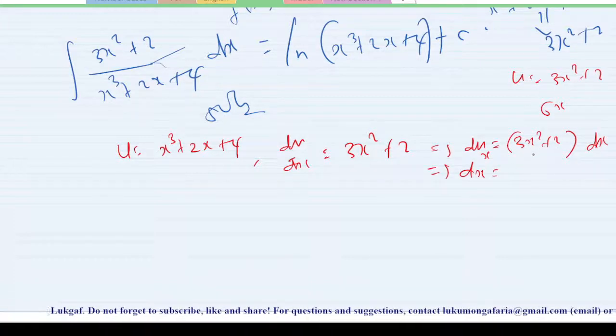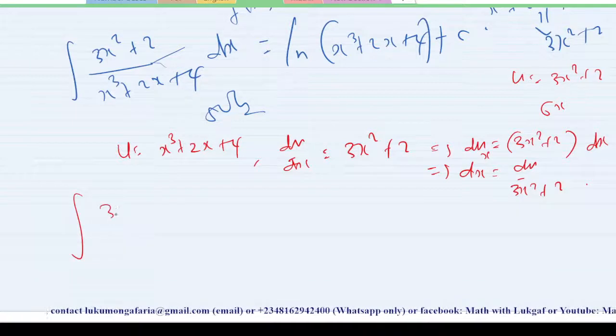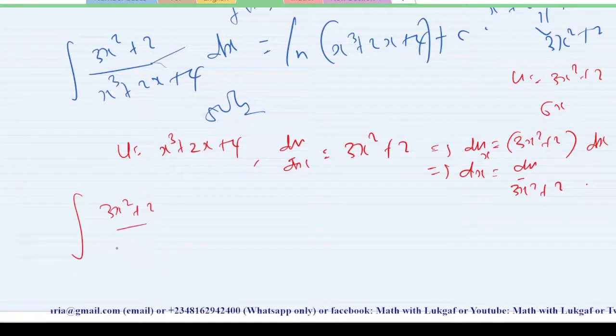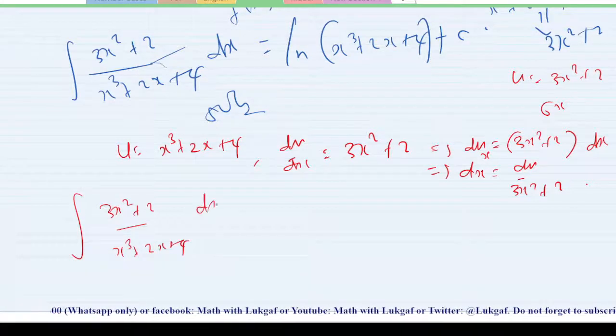If you divide both sides by 3x squared plus 2, that's du divided by 3x squared plus 2. Then you go back to your question again. I have the integral of 3x squared plus 2 over x cubed plus 2x plus 4 dx, right? So then I'm going to have integral.